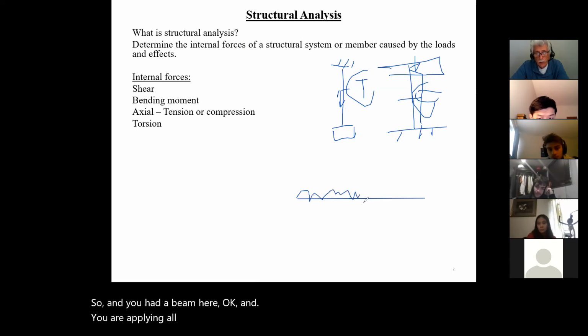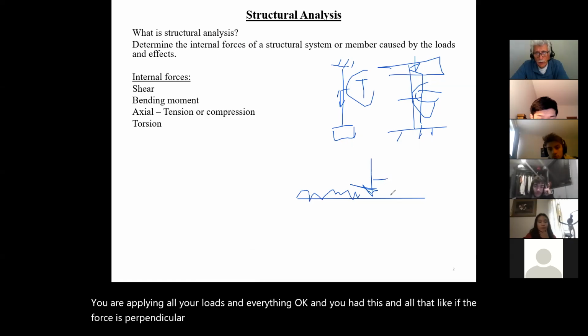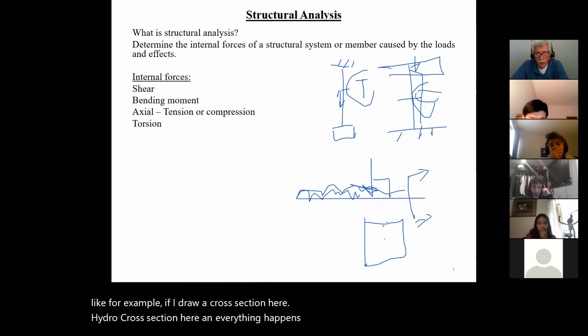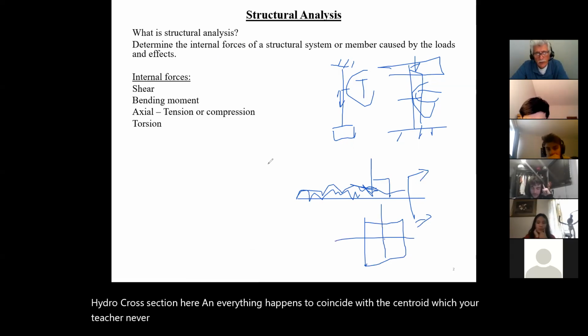If the force is perpendicular to the member, and the bending moment too, and if I draw a cross section, and everything happens to coincide with the centroid, which your teacher never even talked about, therefore you only have shear and bending.